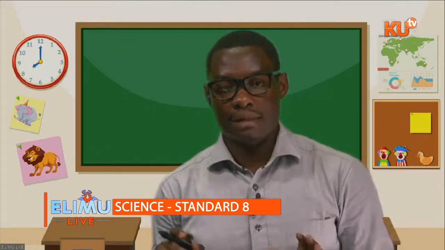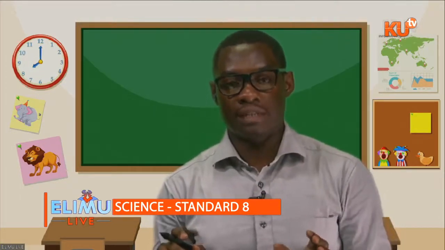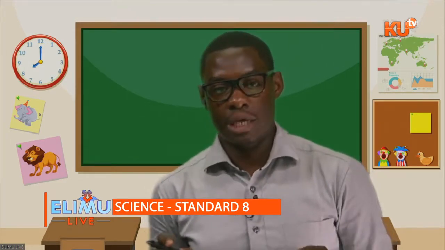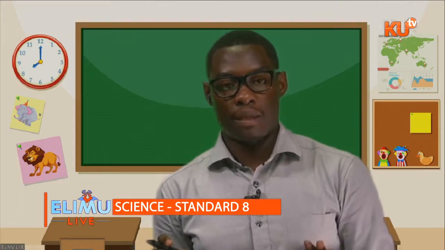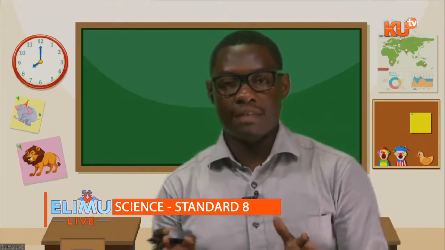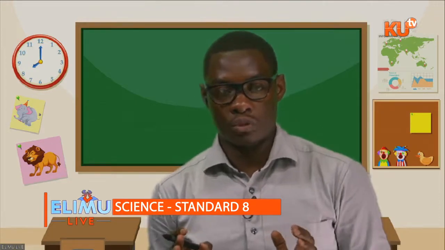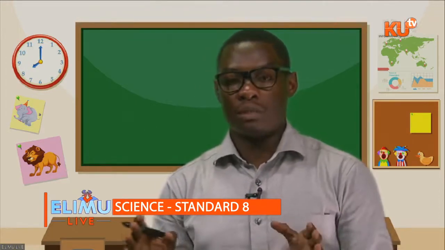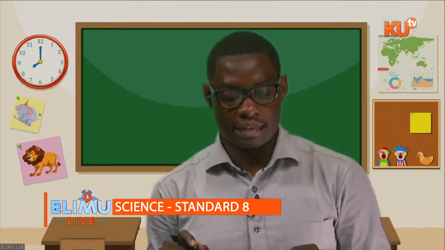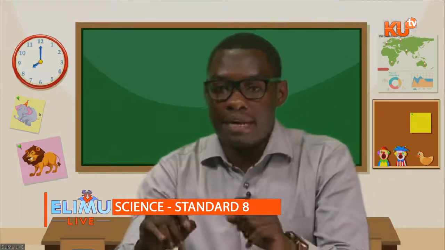As you learn, it's good to stick to the syllabus. I know you might have brothers and sisters who are in high school who know a lot more than what we learn. So we learn the few that we need to know according to the syllabus. So we just talk about glands. We don't go on to give the examples of the glands. So those are the parts of the male reproductive system.